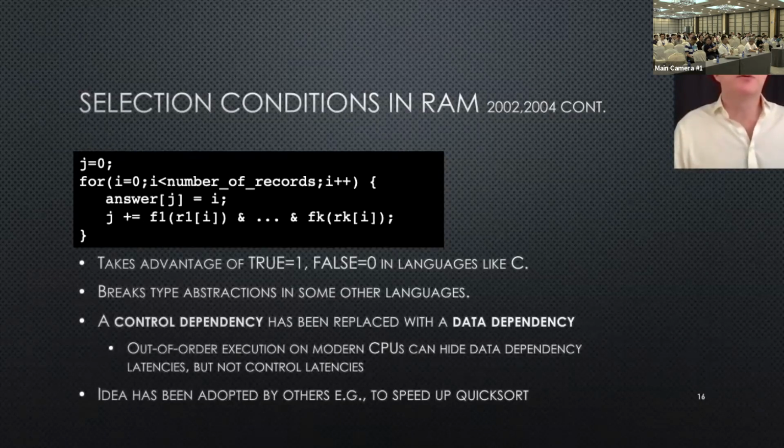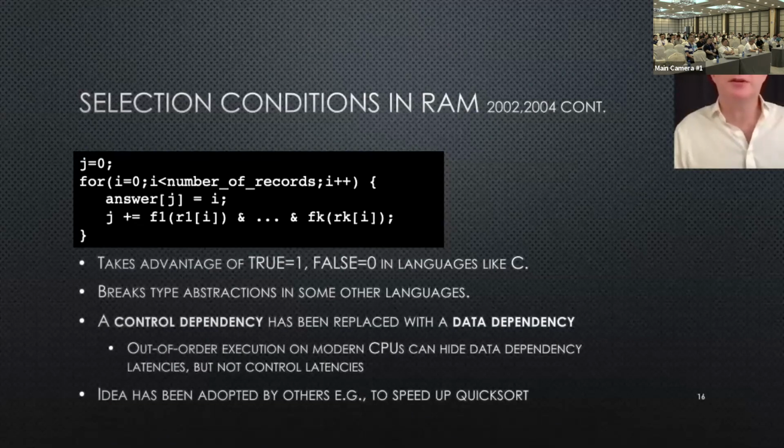So in the situation where all these conditions are true, the result of this single ampersand expression, f1 and ... and fk, will be 1 if the conditions are all true, and 0 if at least one is false. So we will only increment the answer index, j, if all of the conditions are true.